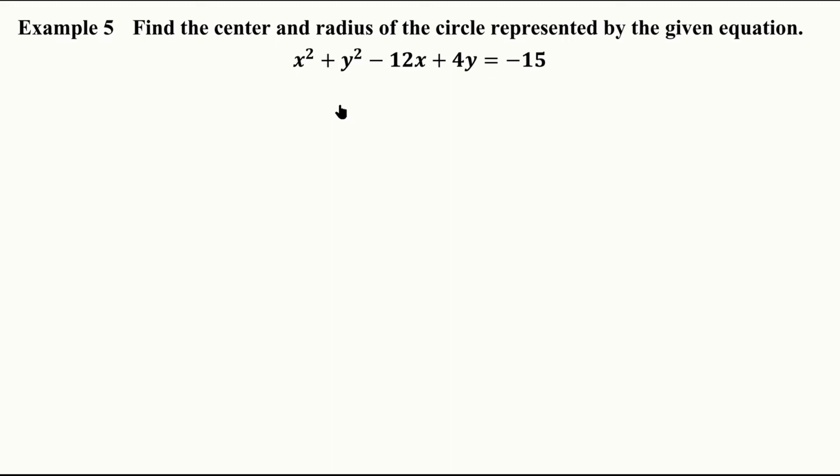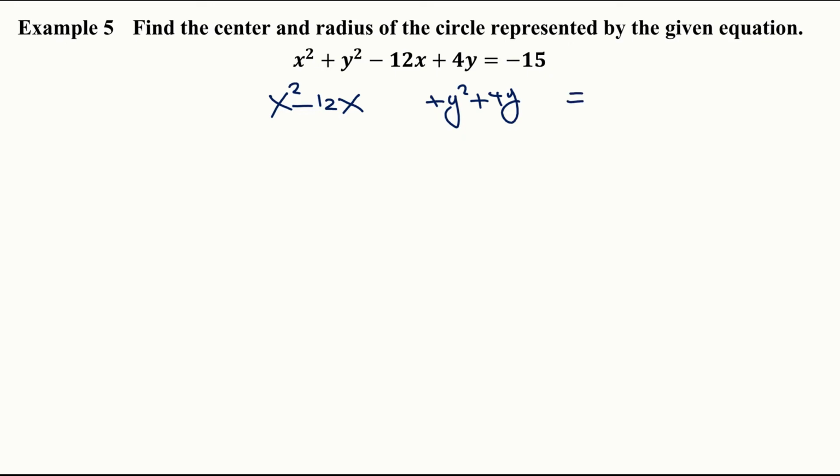We're going to put the x terms next to each other. So x² minus 12x, and we will leave a little bit of space because we're going to be completing the square, and we're going to put the y² plus 4y together.